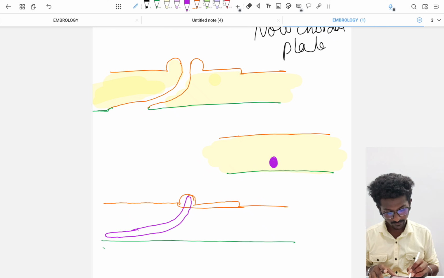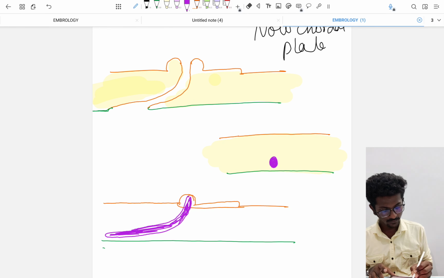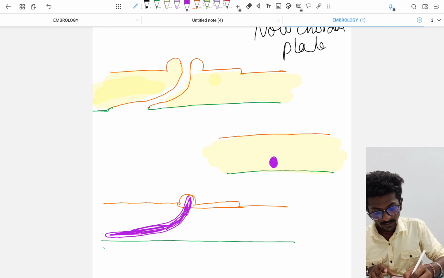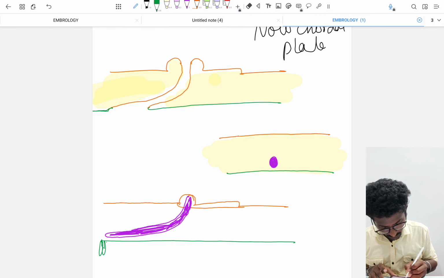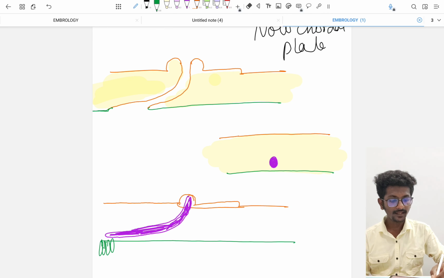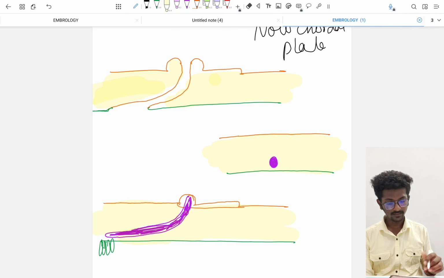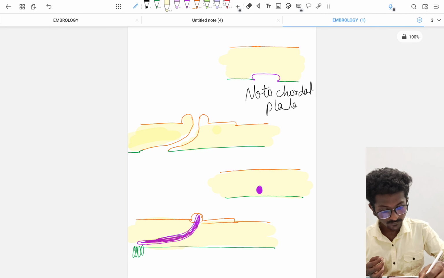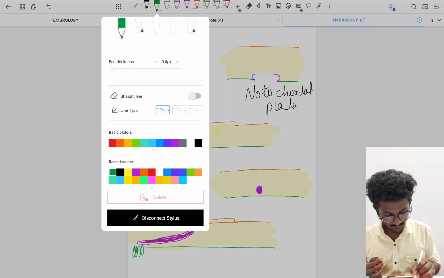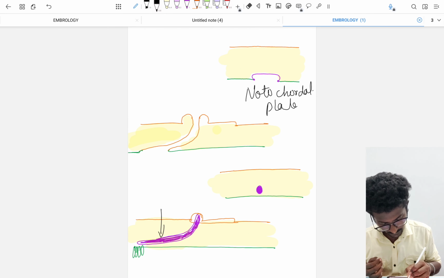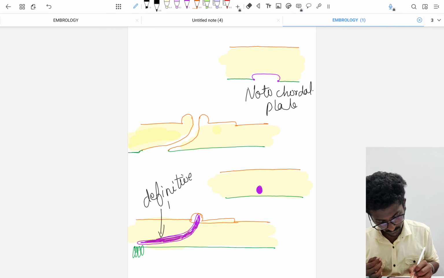This is the notochord. Definitive notochord is formed now from the primitive streak, and here you have this precaudal plate. According to the definition, I have drawn the same diagram, guys. Let me name that now. This is the definitive notochord.